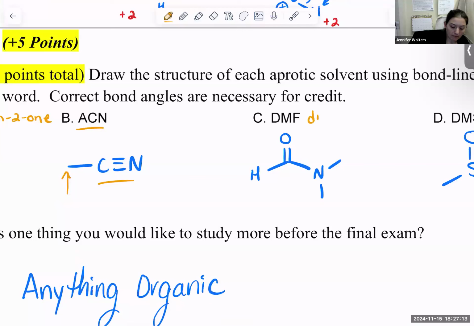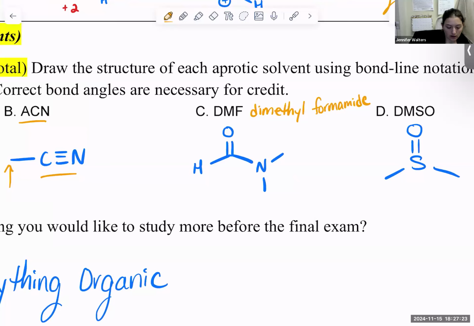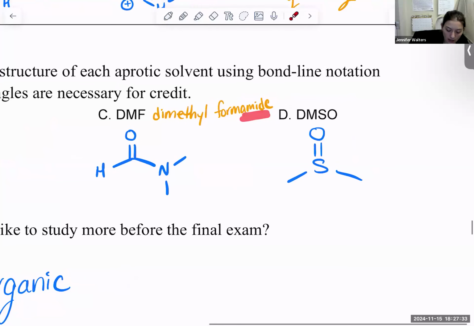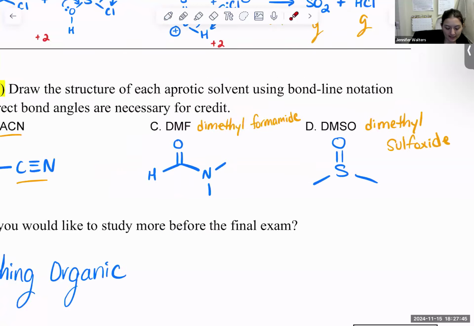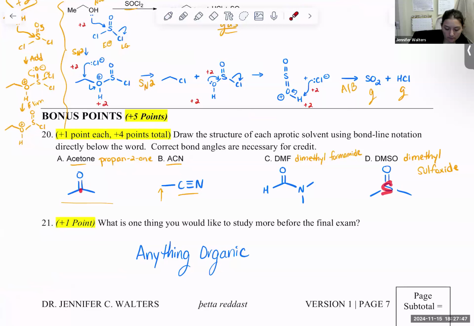DMF is our dimethyl formamide. So that was our nitrogen with 2 methyls, and then you had that aldehyde, but it's actually an amide functional group, which is why it ends in amide. And then DMSO is dimethyl sulfoxide. So that's essentially acetone, but with sulfur instead of carbon.